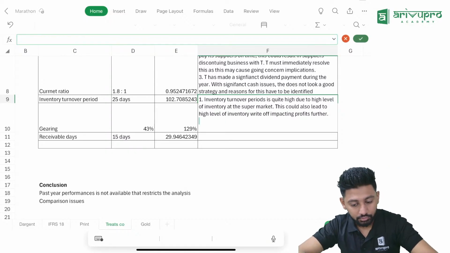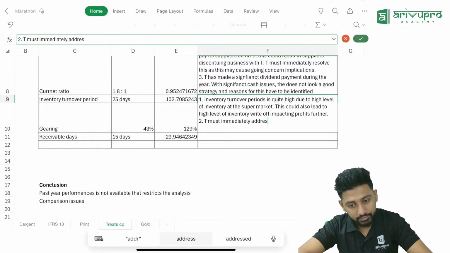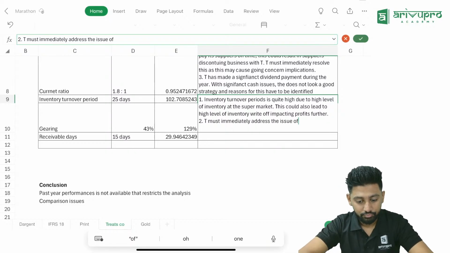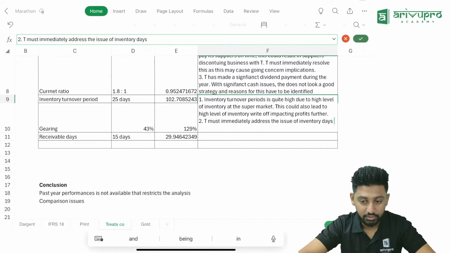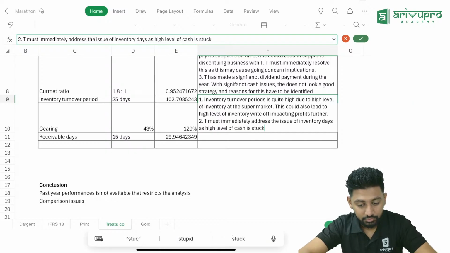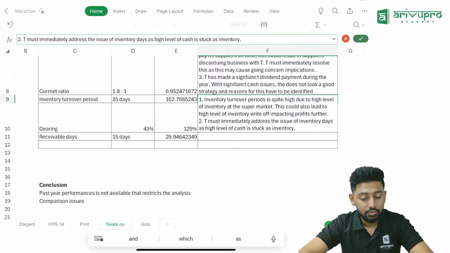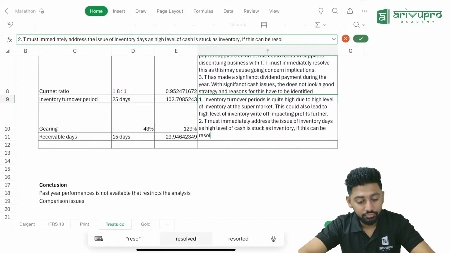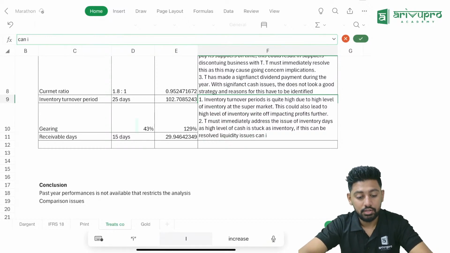So number two, T must immediately address the issue of inventory days, as high level of cash is stuck as inventory. If this can be resolved, liquidity issues can improve.